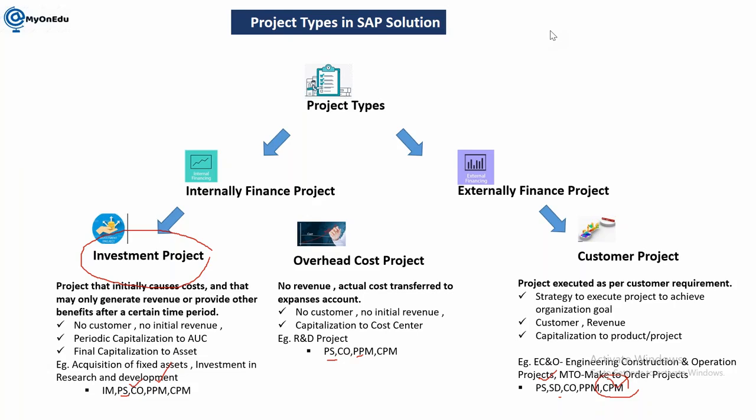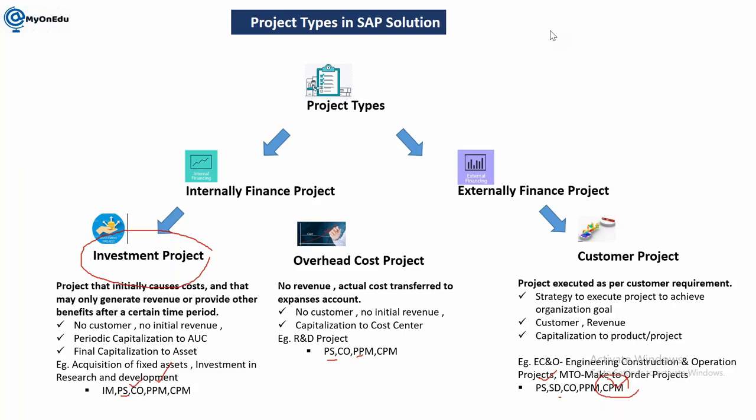They said they will provide you the complete solution to manage your project within EPPM, and they have combined all these different modules within it. Enterprise Portfolio Project Management is a group of different modules: PS, project system; portfolio project management; commercial project management; EPC, enterprise project connection; and innovation management. The major modules here are PS, PPM, and CPM.